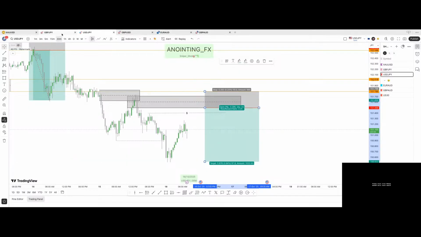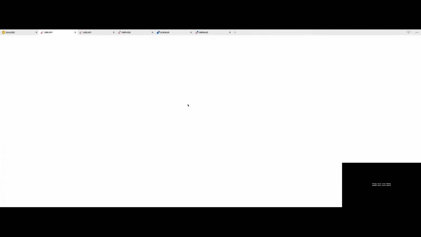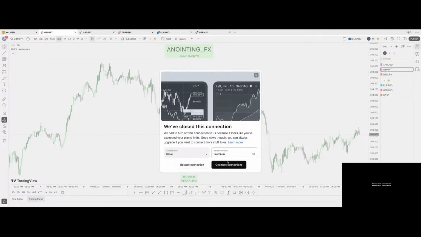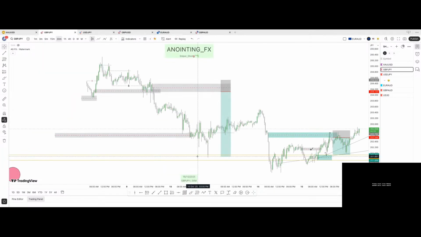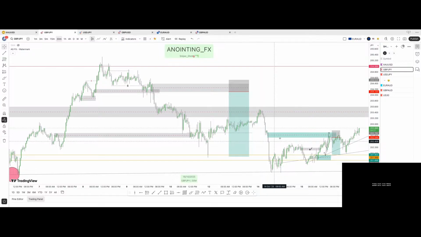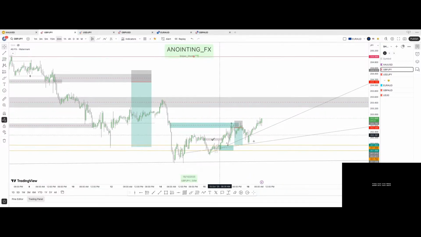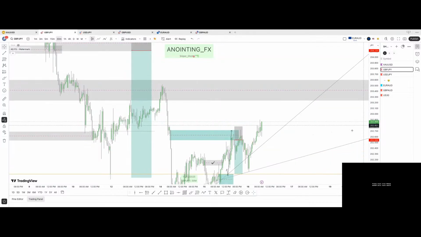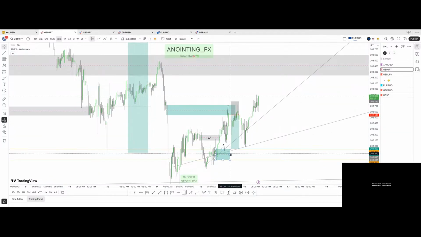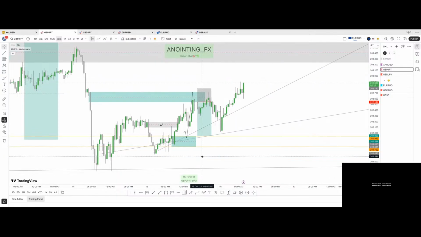On GBP JPY, let me see what I have. Yesterday I had this sell. Oh, I have missed the trade. I had a sell, but I closed early.